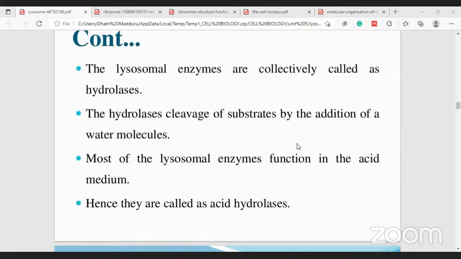Hydrolases means whenever the product is formed, this water molecule will be cleaved and one molecule will get H and the other will get OH. So with the addition of water molecules, the cleavage will take place. And as I told you, lysosomes are acidic in their nature. Therefore, the enzymes also function in acidic media. Hence, they are called acid hydrolases.